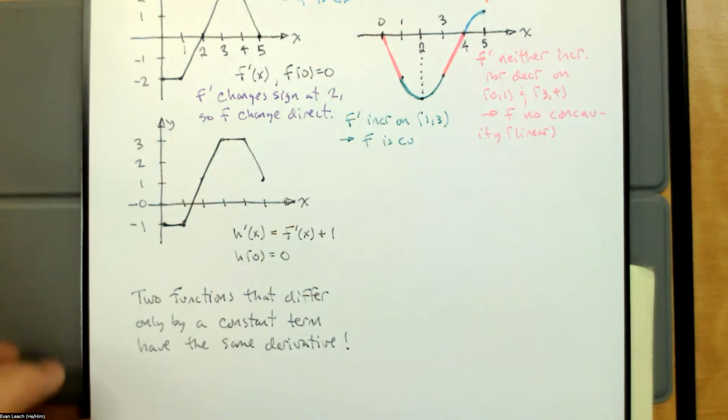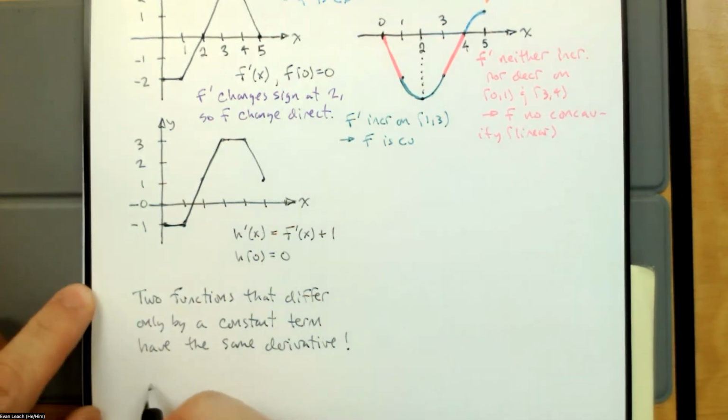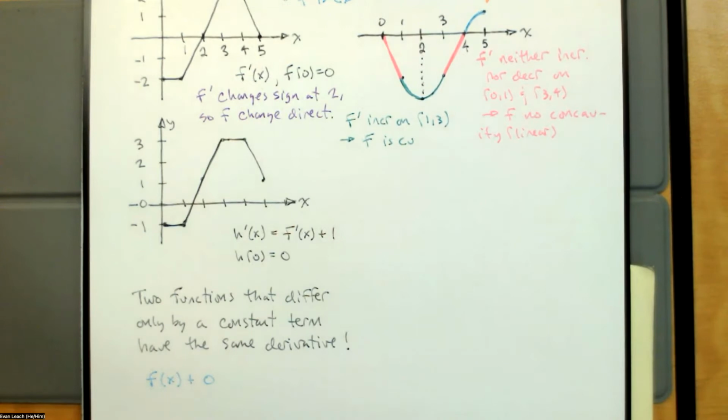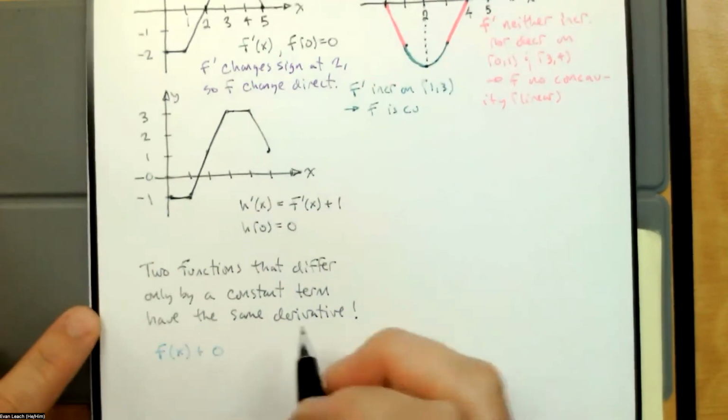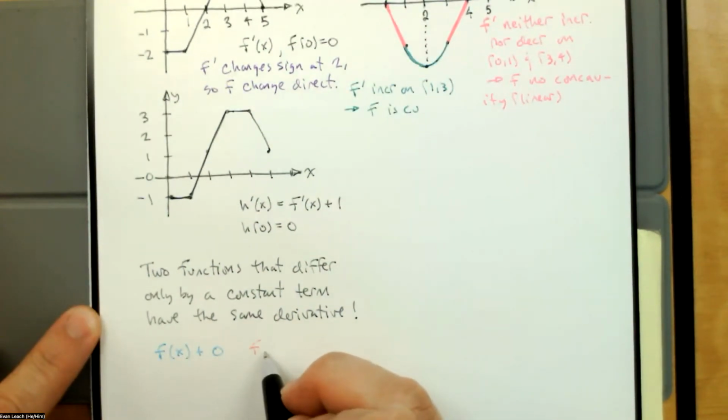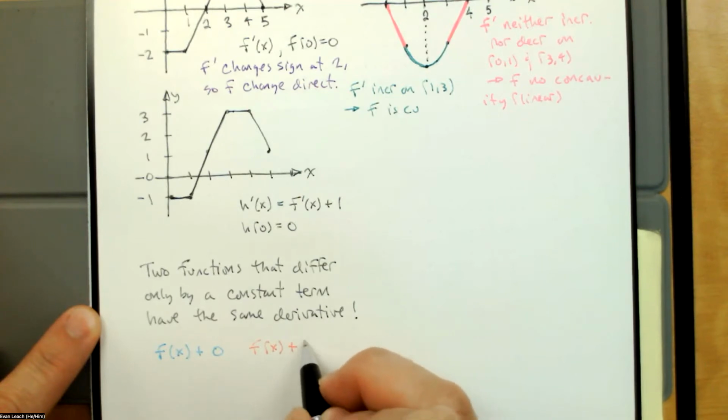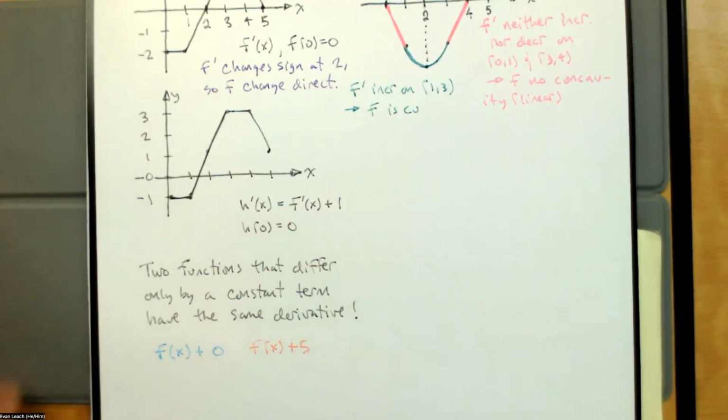So mechanically, if I have two functions, say f of x plus 0, and another function, I haven't used red on this page, so here we go, f of x plus 5, they both have the same derivative. The derivative of 0 is 0, the derivative of 5 is equal to 0.